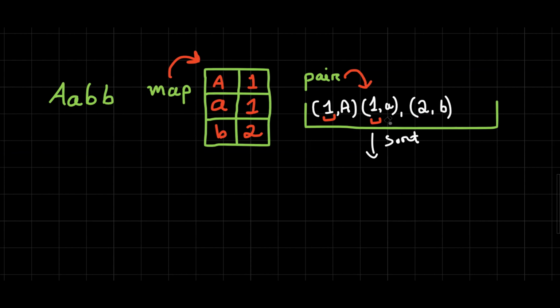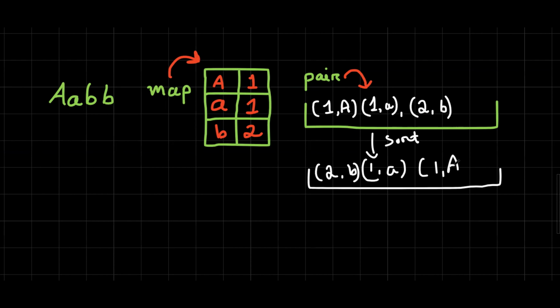Now, we have to put the most frequent element at first according to the convention. So we have to reverse this array of pairs. Now, if we reverse it, then the answer will be 2b, 1a, and 1 capital A. Here we can say that the last entry of the pair array comes to the front after applying the reverse operation.